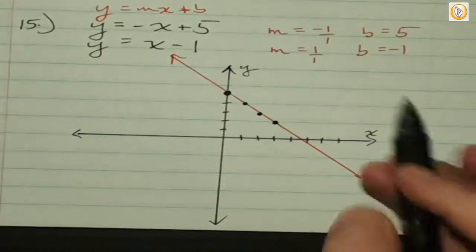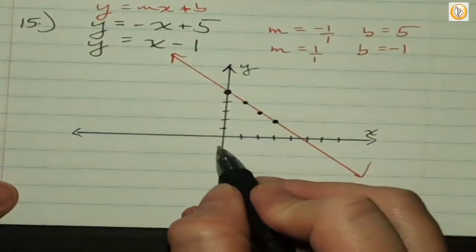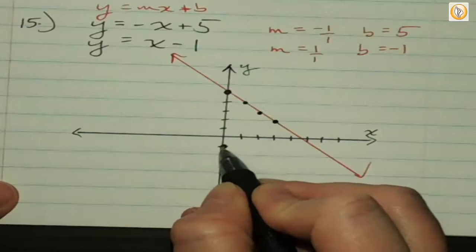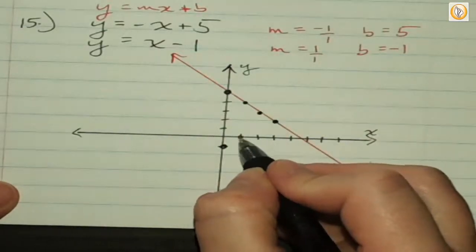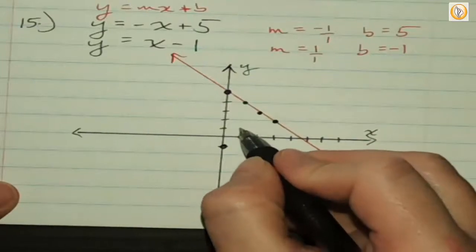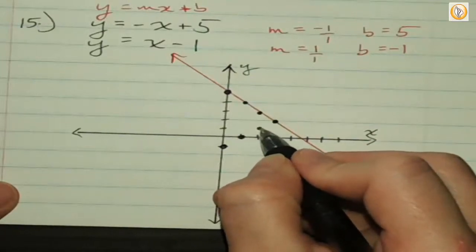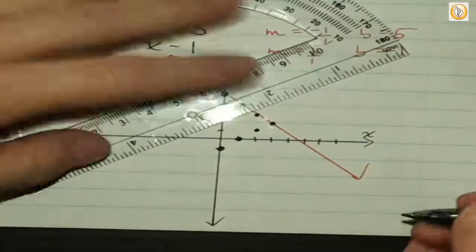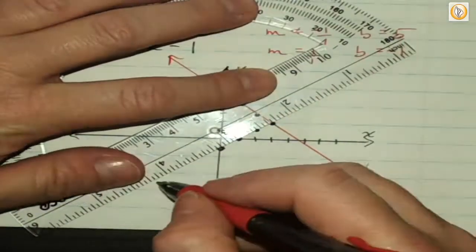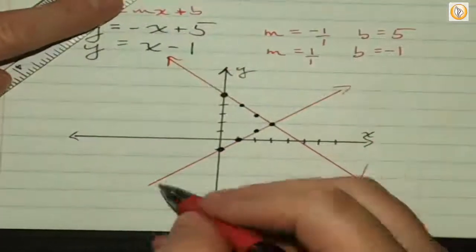And then this next one is negative 1, its y-intercept. And then we have positive 1, 1. Positive 1, 1. I think you see where this is going. Hopefully yours looks like this.